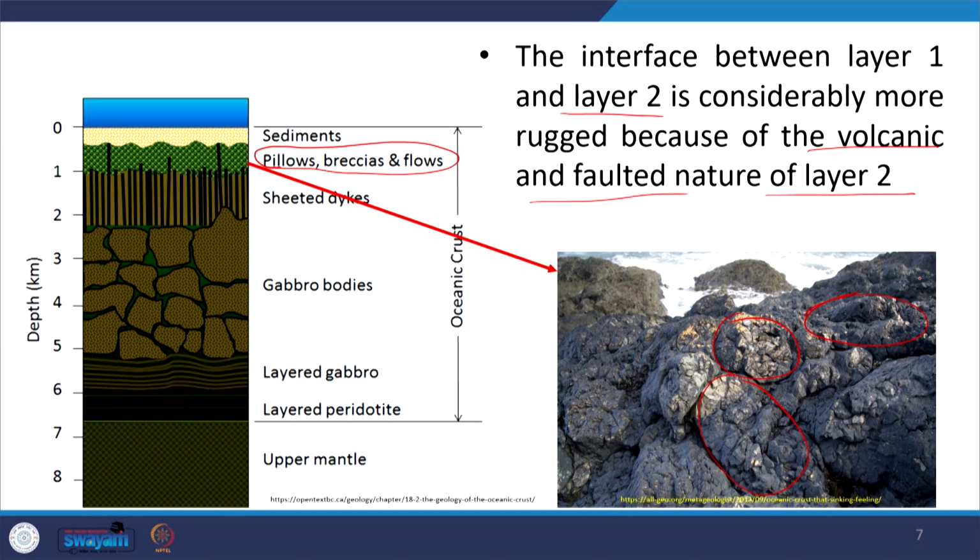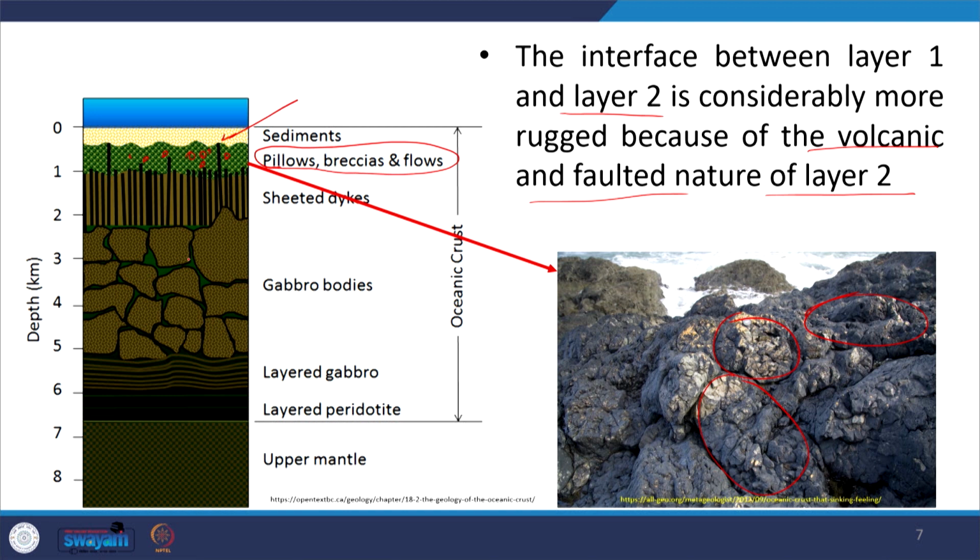So, there will be sudden cooling, there will be quenching of the upper surface. So, it creates the pillows. These are the pillows of basalt. So, here layer 1 is sediment, and layer 2 is mostly composed of pillow basalt.